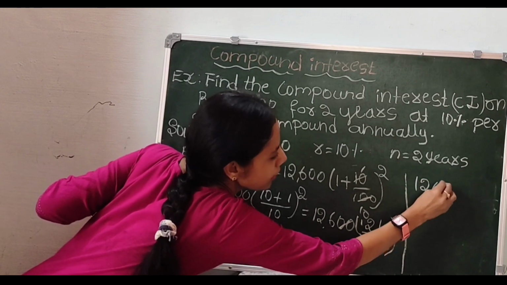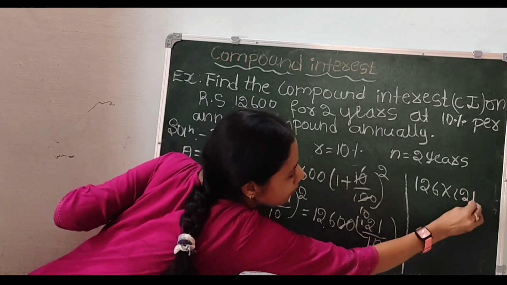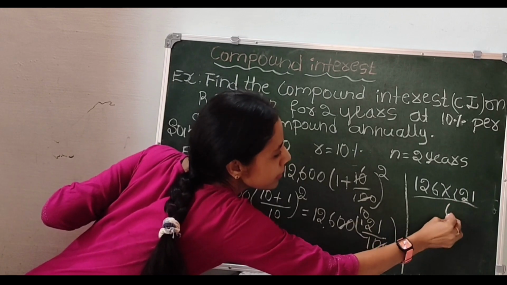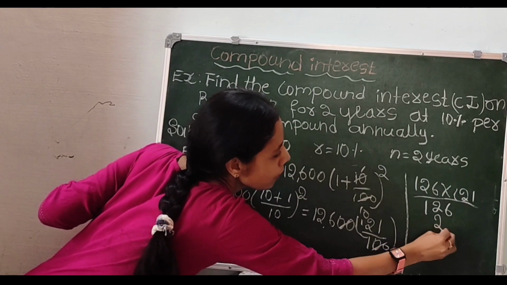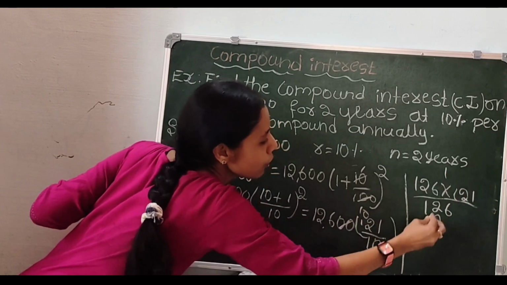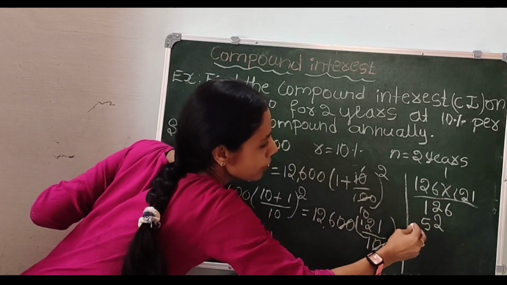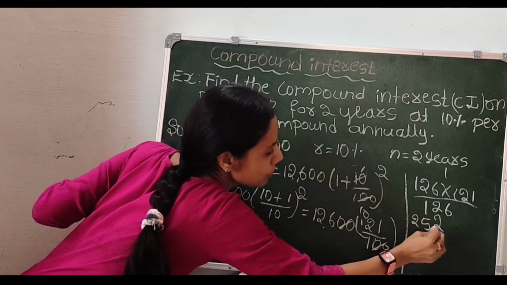126 into 121. 6 ones are 6, 2 ones are 2, 1 ones are 1, 6 twos are 12. 1 twos are 2, 2 twos are 4 plus 1 is 5, 1 twos are 2.